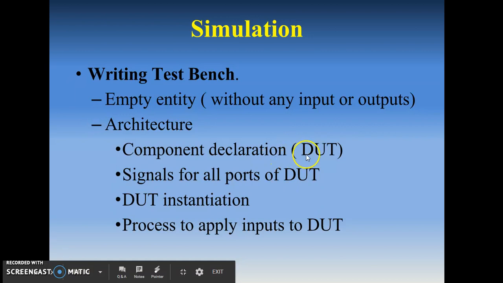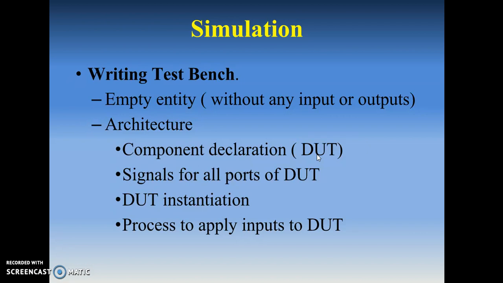It should have a component which is to be tested, so we should declare the component which is to be tested. Typically it is known as the design under test or the design which we have created. It should also have signals corresponding to all ports of the design under test.